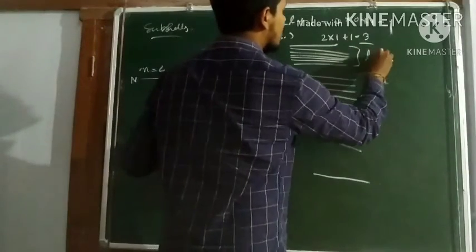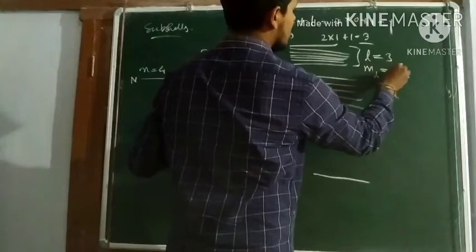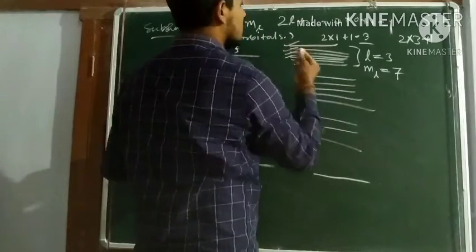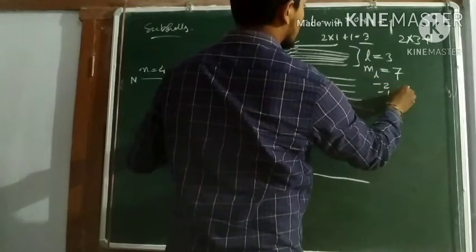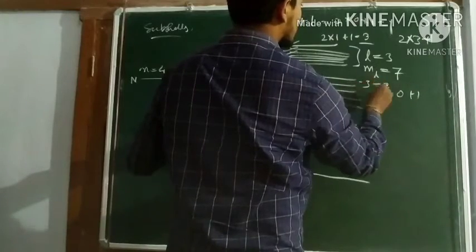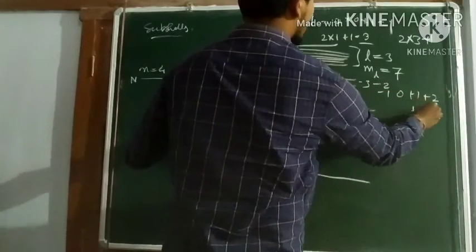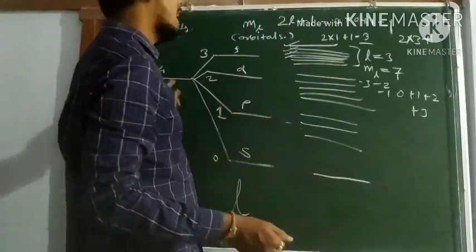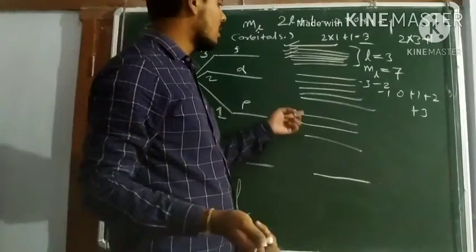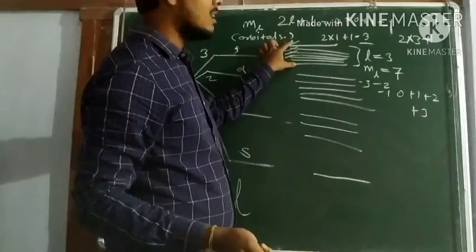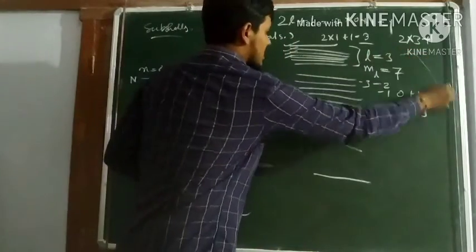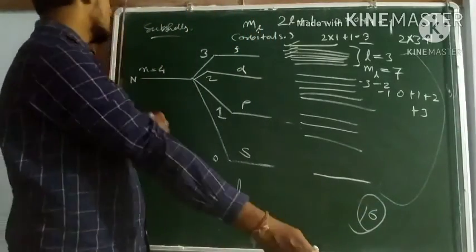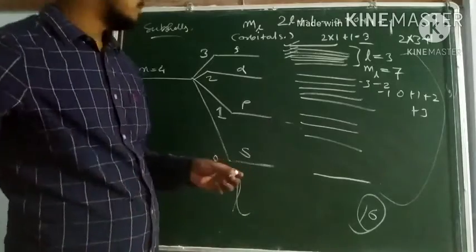For f, l equals 3, so the number of ml values is 2 times 3 plus 1, which is 7: -3, -2, -1, 0, +1, +2 and +3. Each value of ml corresponds to one orbital. So the total number of orbitals in the N shell is 1 plus 3 plus 5 plus 7, which is 16. Total 16 orbitals will be present in the N shell.